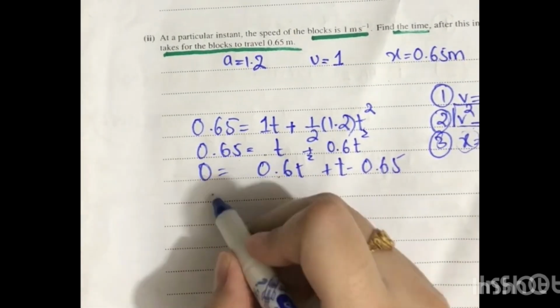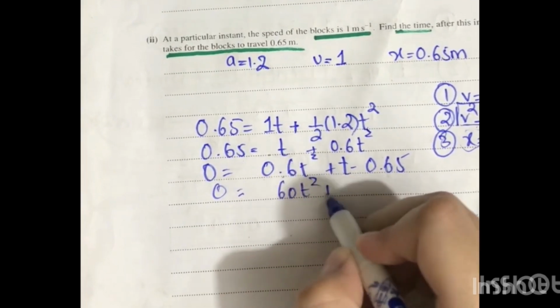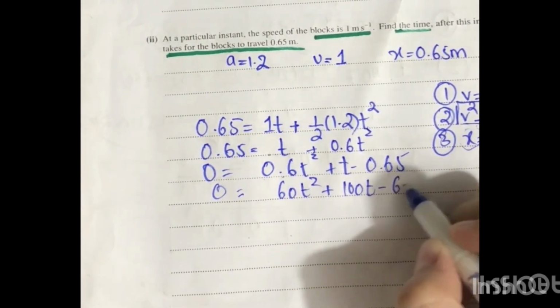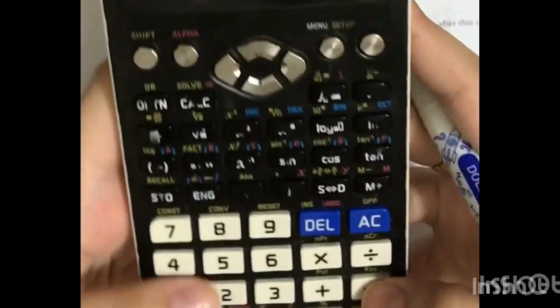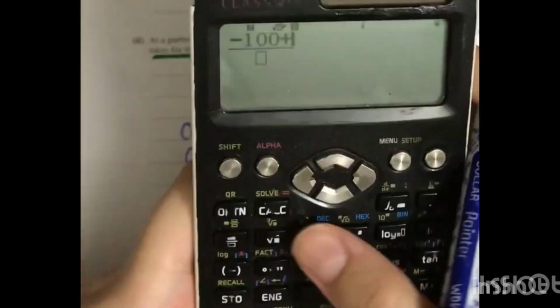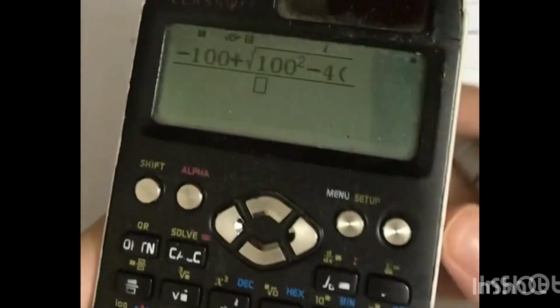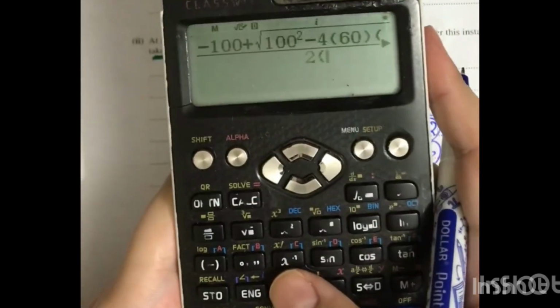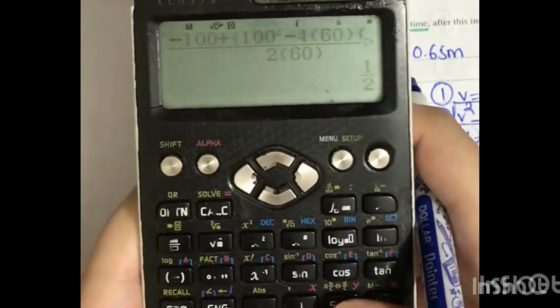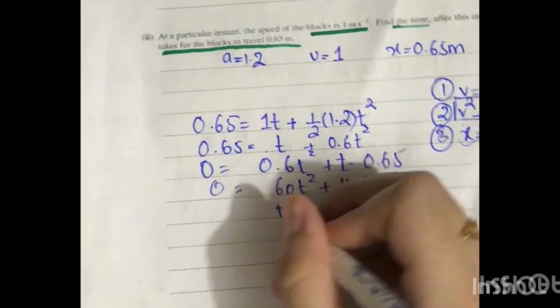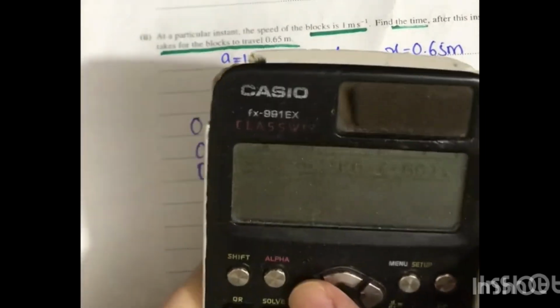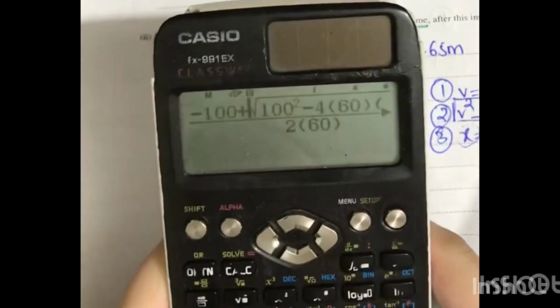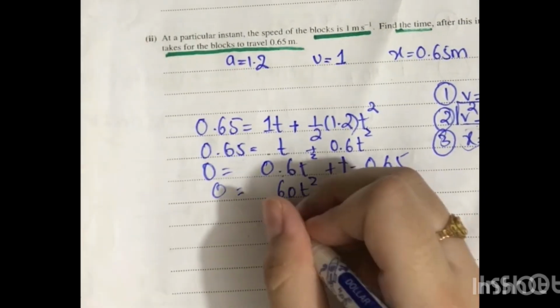Multiply both sides by 100, and we can solve it by applying the quadratic equation. 0.5. Let's find out the other value just in case. So it's -2, so we'll not write it. So t is equal to 0.5.